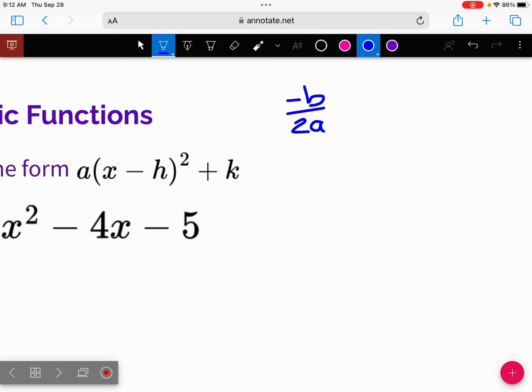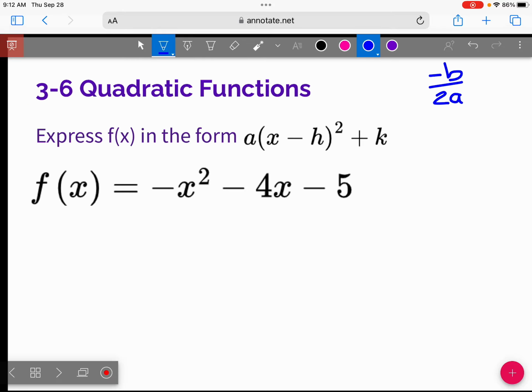So let's do that. That gives us the x value of the vertex. It spits it out for us. So x equals the opposite of b. What's the opposite of b? Over 2 times a, negative 2. So what's the x value of our vertex? Negative 2. How can I find the y value of the vertex?